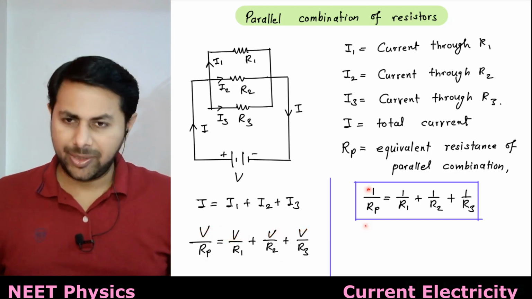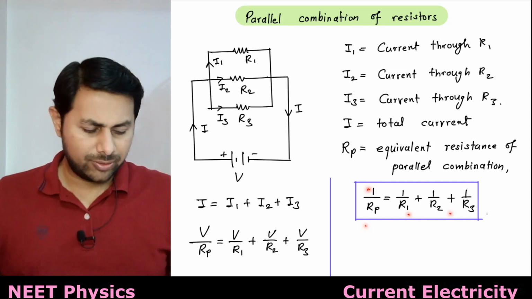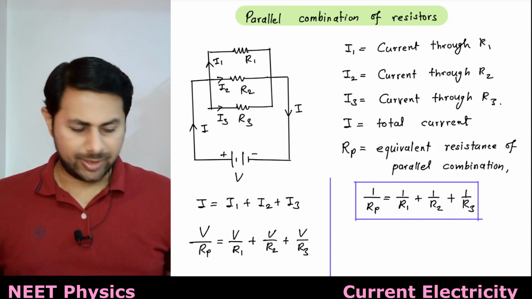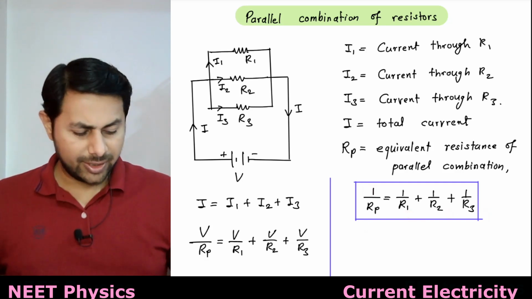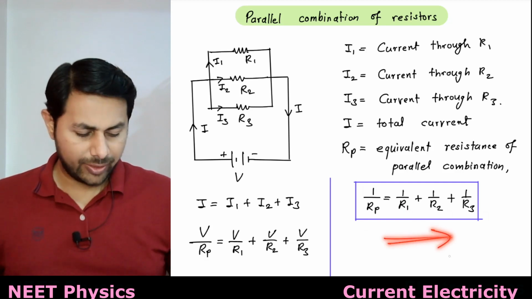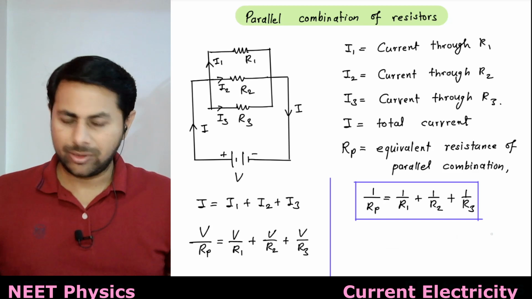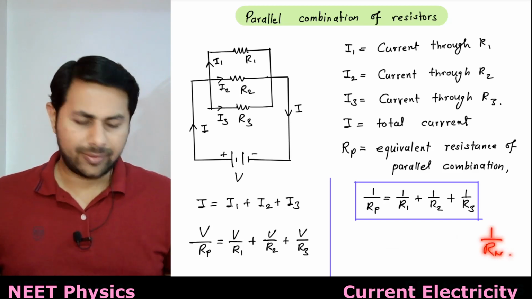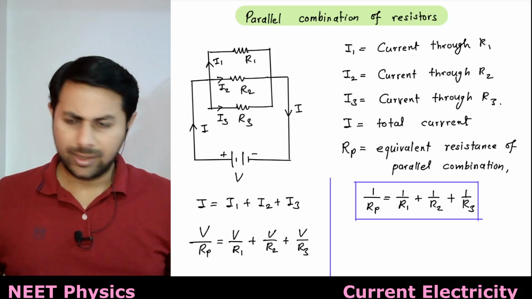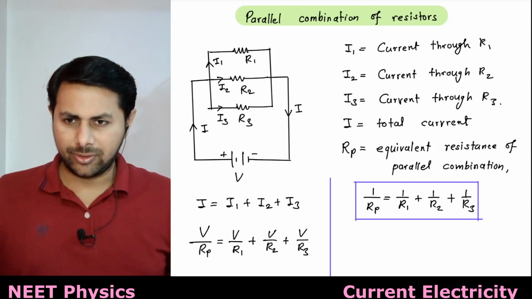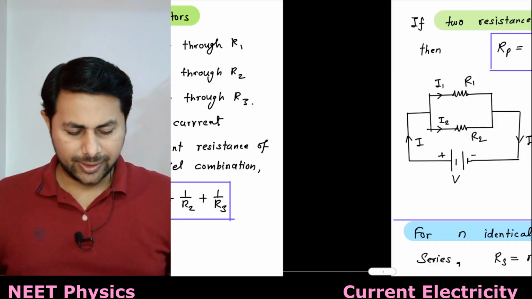You get 1 by Rp is equal to 1 by R1 plus 1 by R2 plus 1 by R3. Very, very simple. If there are n resistors, this will follow. So it will be 1 by R1 plus 1 by R2 plus 1 by R3, and so on up to 1 by Rn, right? This is very simple, and I guess you already know these relations.